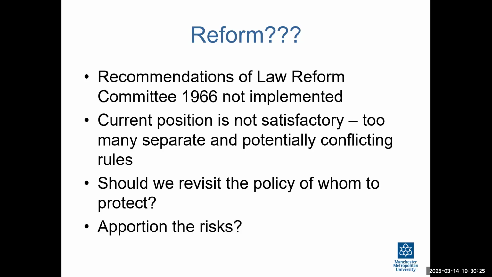So the question is, should we revisit the policy to look at whom to protect? There have been lots of discussions about this with the Law Commission, but they've come to no reasonable conclusion on that. Because again, it goes back to the question of which of the innocent parties should suffer? Should it be the innocent owner or the person the rogue sells to?